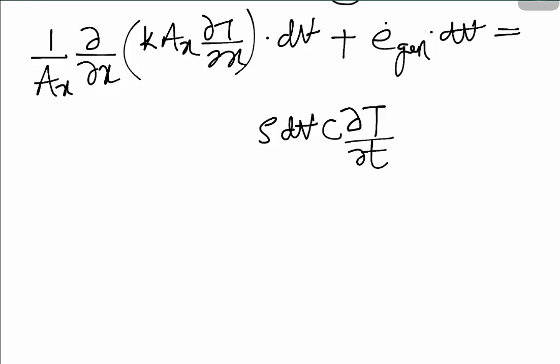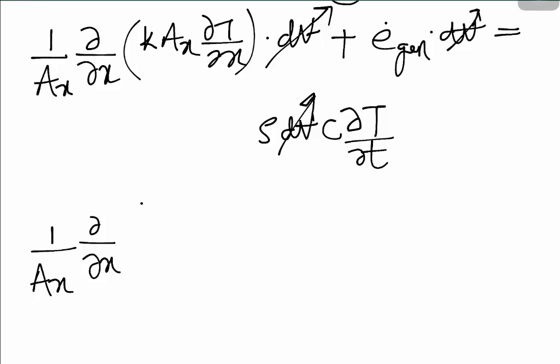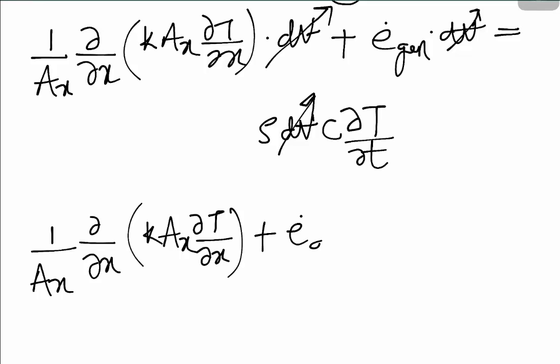Taking common dV from both the sides, it will cut out and our equation will become 1 by Ax dou by dou x of K Ax dou T by dou x plus E dot generation equal to rho C dou T by dou t.